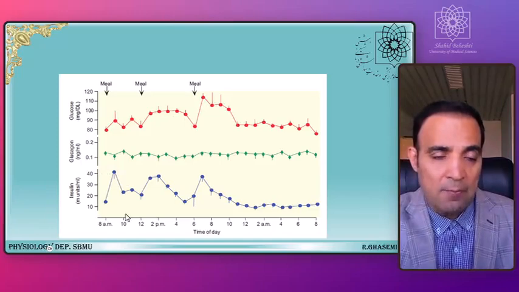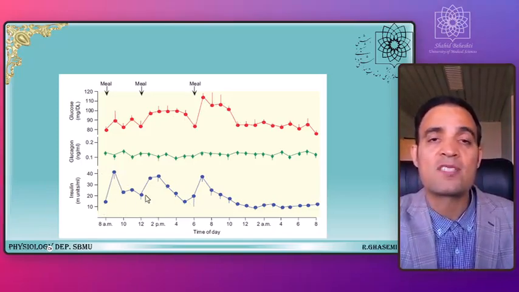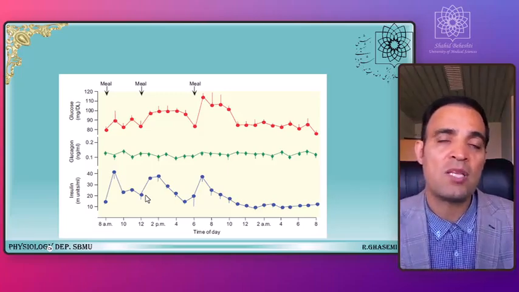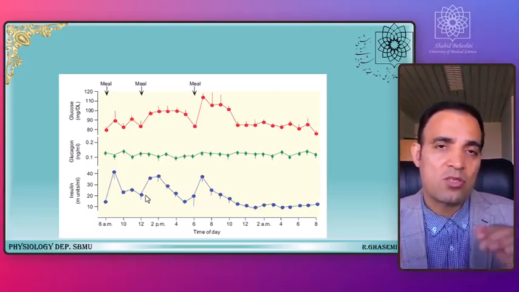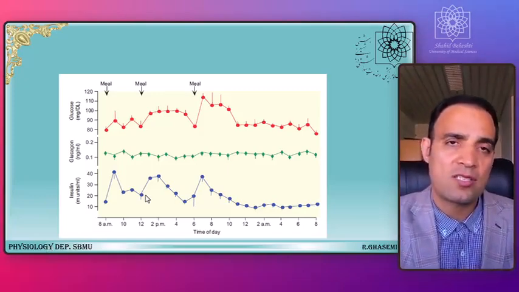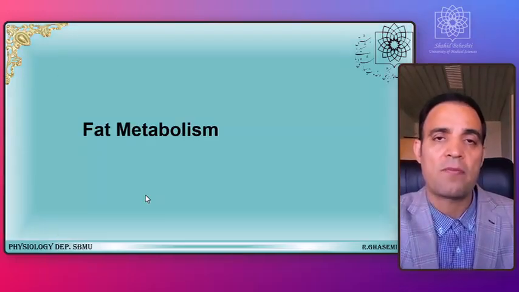And as you can see, the insulin shows the most oscillation during these meal and fasting periods, and glucagon shows lower change, just changing the ratio of glucagon to insulin.